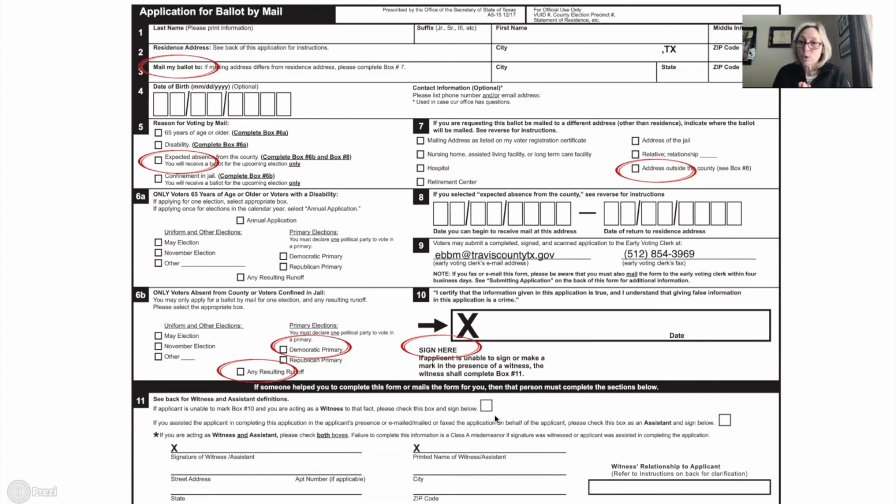Now, I have been told that it's very, very important that they sign their ballot. Remember, we're signing this ballot application. They also need to sign their ballot. And there are people who actually compare those signatures to make sure it's legitimate. And I've been told by judges that they've had to return and throw out ballots that are not signed.